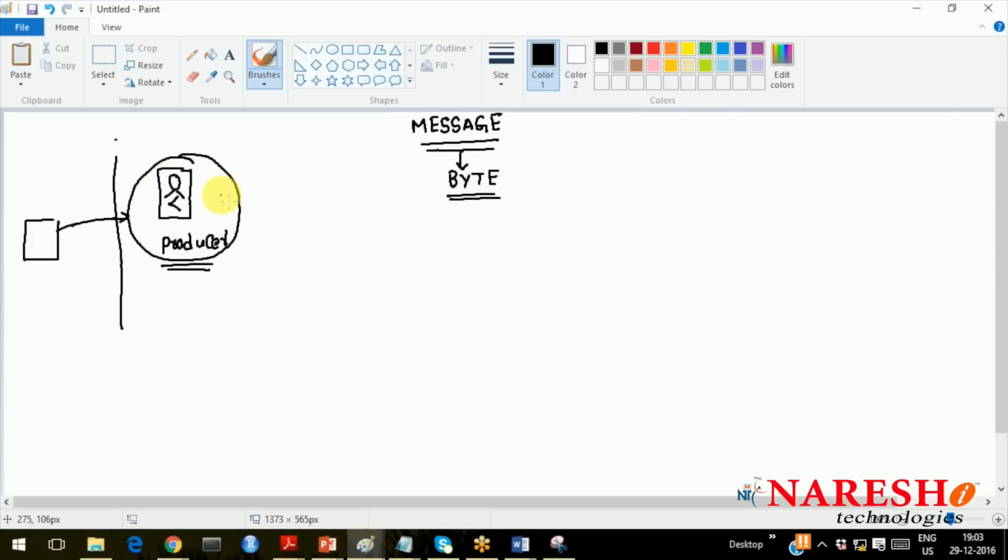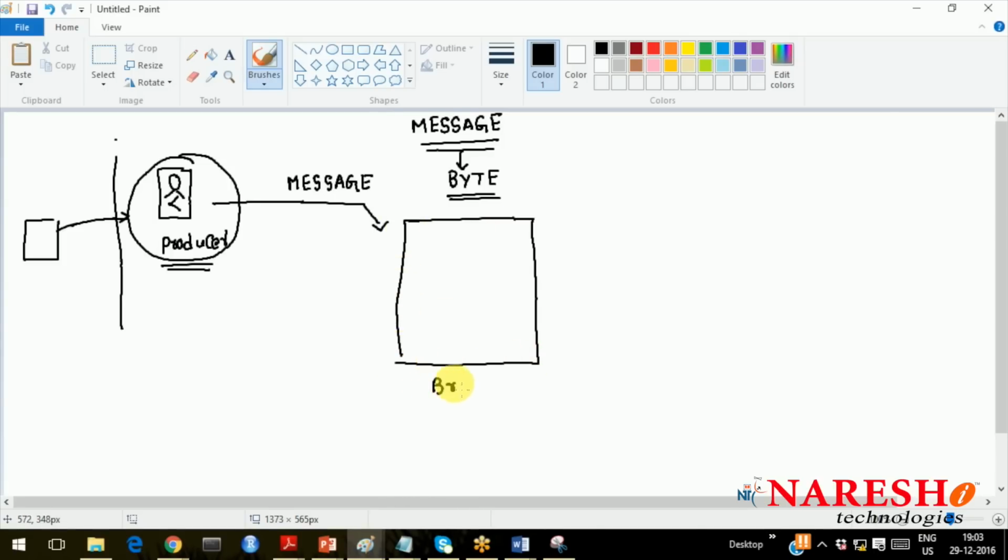Now the producer generates the data, that is called a message, and that message will be stored in a queuing mechanism. That one is called a broker. And the one who subscribes to this broker and consumes the data is called a consumer.